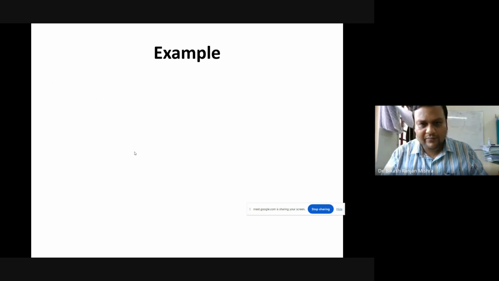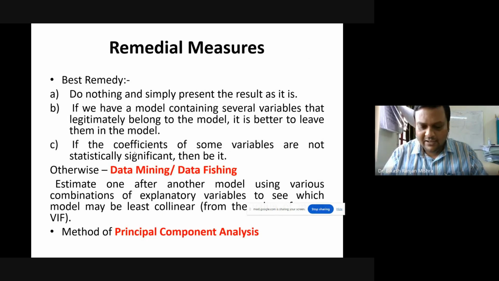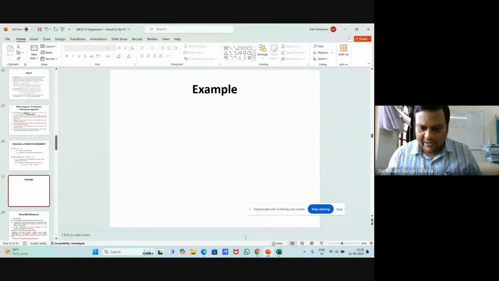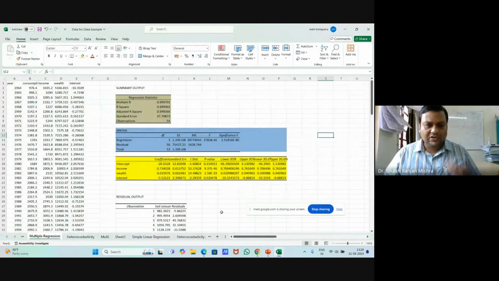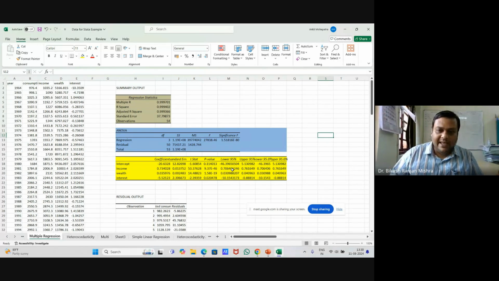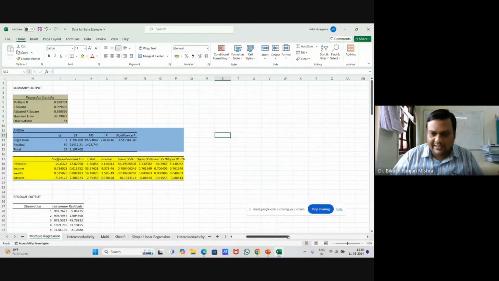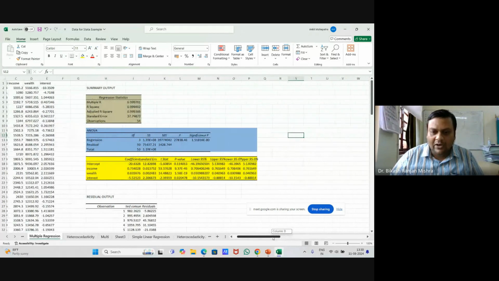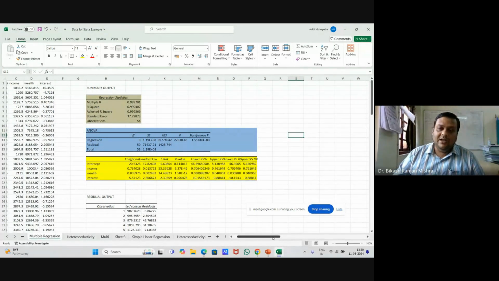And proceeding further with an example, let us go to our regression analysis. Let us do the same exercise for this multiple regression, because there is a possibility of a multicollinearity problem here. Regression in Excel has its limitation.